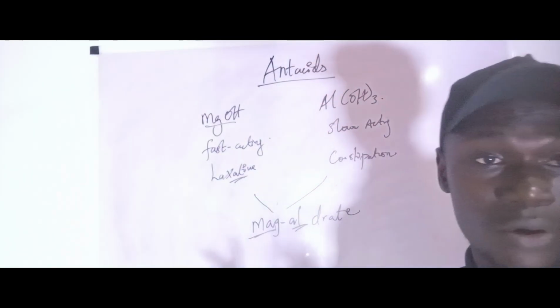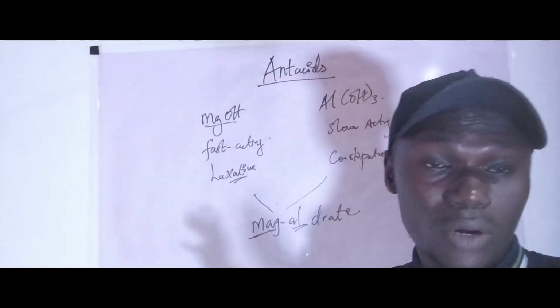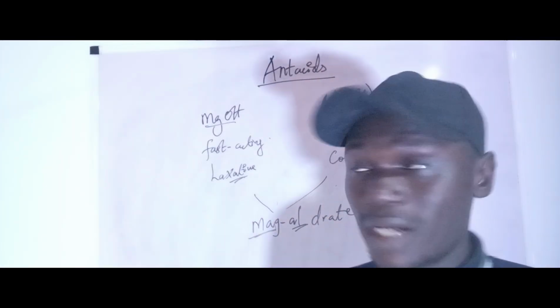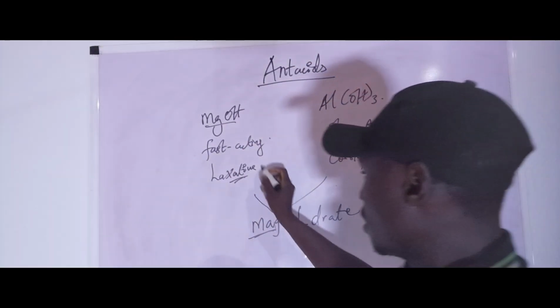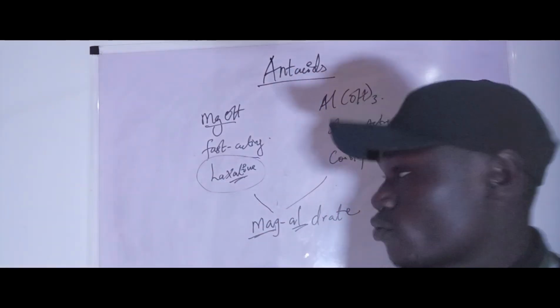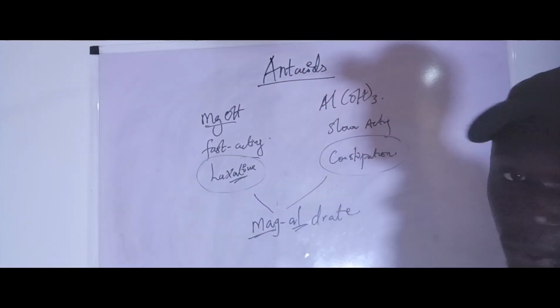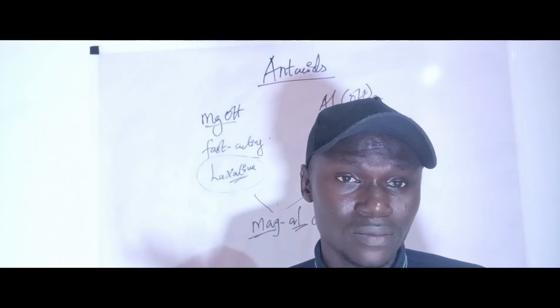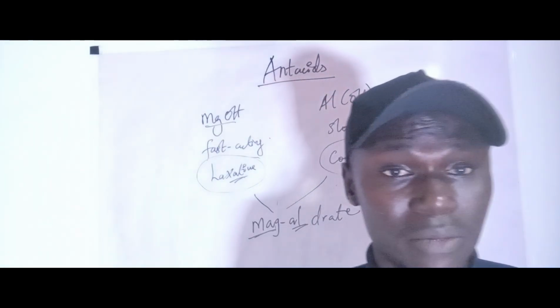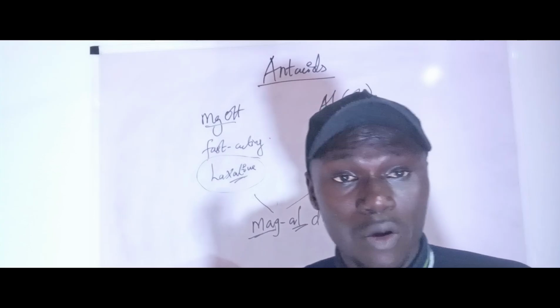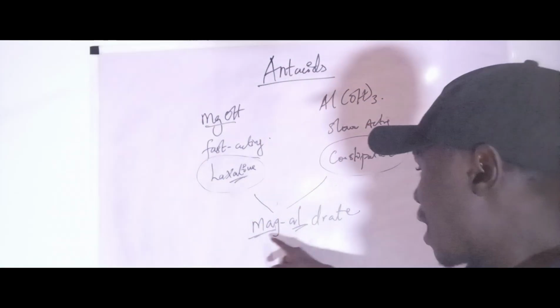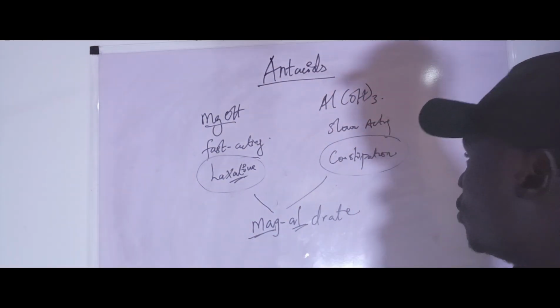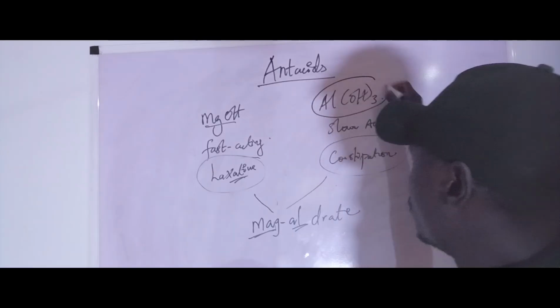When we combine these two antacids, we have certain benefits. This one is causing a diarrhea kind of symptom, this one is causing constipation kind of symptom. So if you combine both of them, their side effects will cancel out. Another reason for combining them is that when they want to work, magaldrate will release fresh aluminum hydroxide.